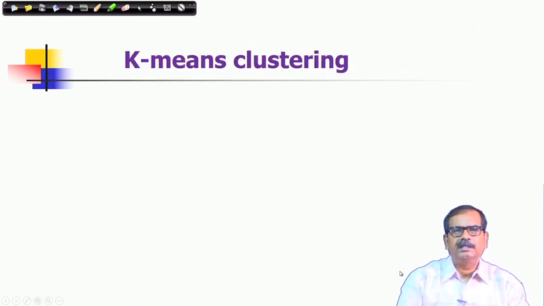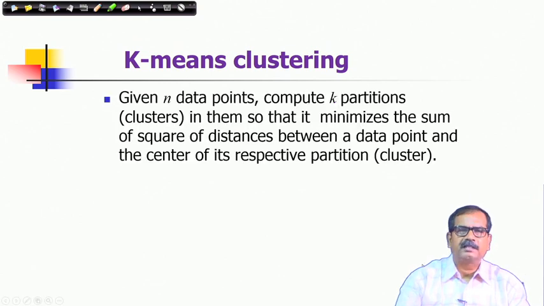The first technique that I will be discussing here is called the K-means clustering technique. In this case the problem is that if I give you n data points, then you need to compute k partitions, which are actually clusters, so that it minimizes the sum of squares of distances between a data point and the center of its respective partition or cluster.